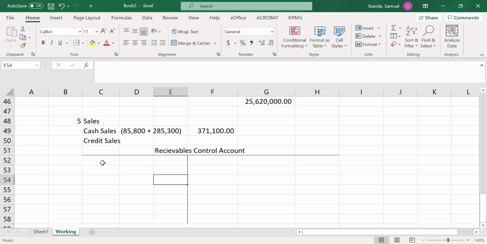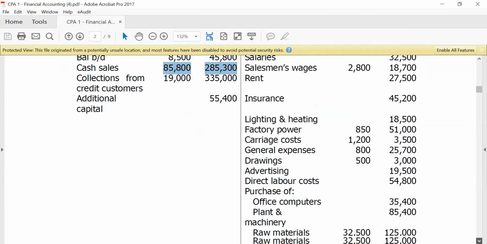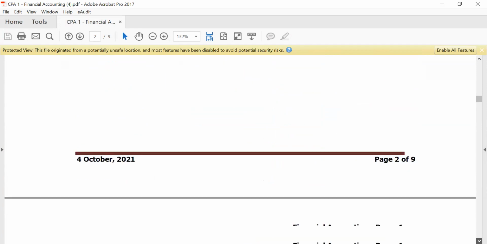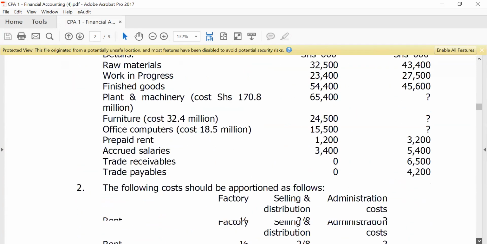So in the receivables control account, I'm going to have my balances brought down and balances carried down. Remember, receivables are assets, and assets have a normal debit balance.